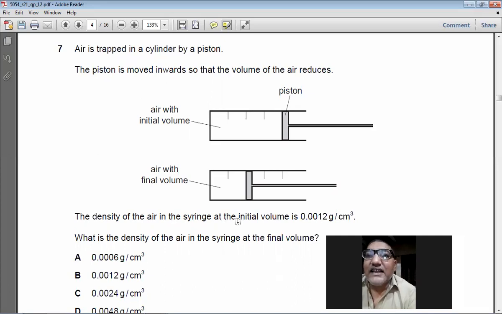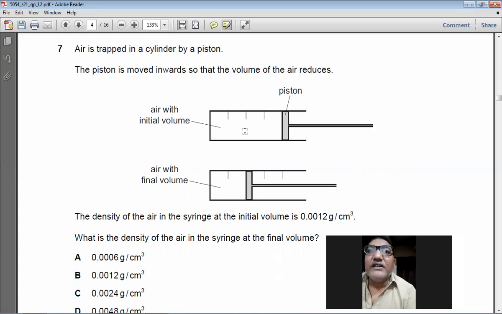He says the density of the air in the syringe at the initial volume is 0.0012 grams per cubic centimeter. The question is, what is the density of the air in the syringe at the final volume?